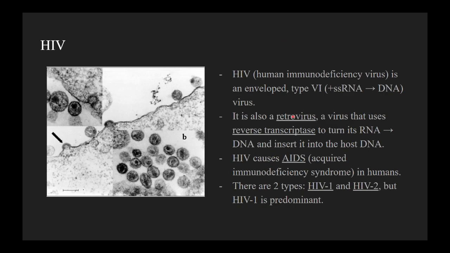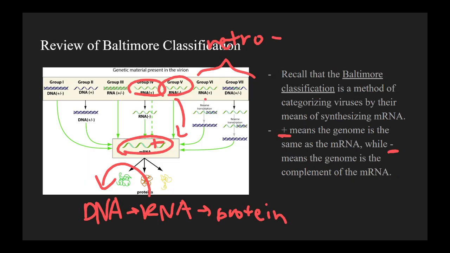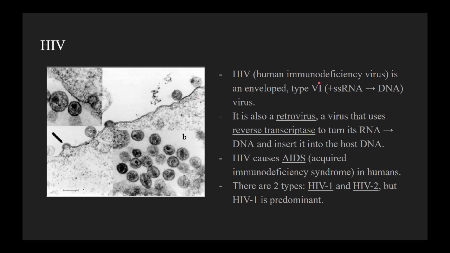All right, so let's get into our first virus, which is HIV, or human immunodeficiency virus. It's enveloped, so it has a lipid covering around the capsid, the protein shell, and it's also a type 6 virus. So it is one of the retroviruses that we mentioned, specifically the class where it has a positive sense single-strand RNA genome, which it can convert to DNA and eventually insert into the host genome.